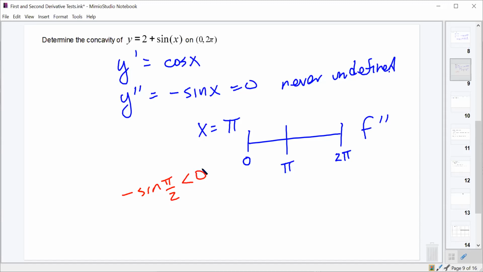Negative. Yeah, negative. So our function is concave down on that interval. And between pi and 2 pi, we end up with something that's positive, and it's concave up. Any questions or issues on that?